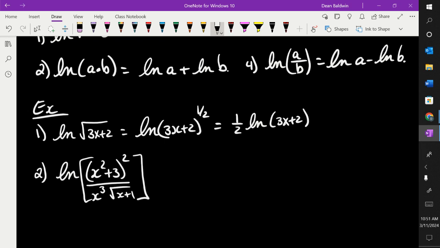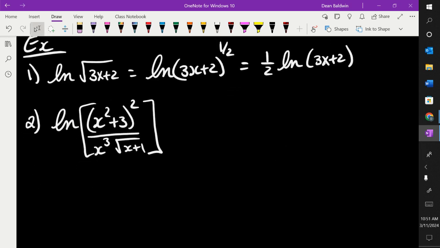Okay? So how do I break this up? We're dividing. So if you're dividing, you are subtracting. So the first thing you can do is go the natural log of x squared plus 3, all squared, minus, now be careful about this part. I'm going to do it in steps.